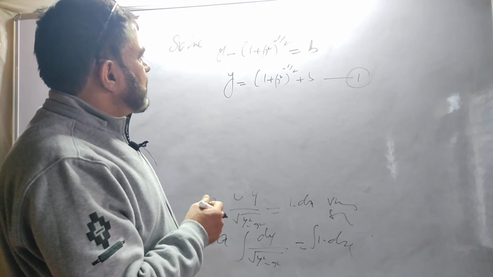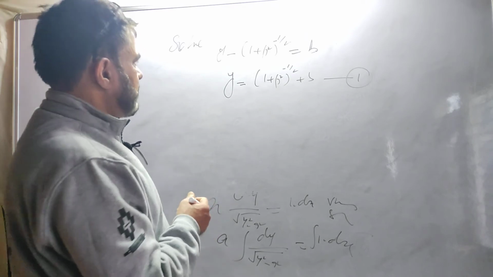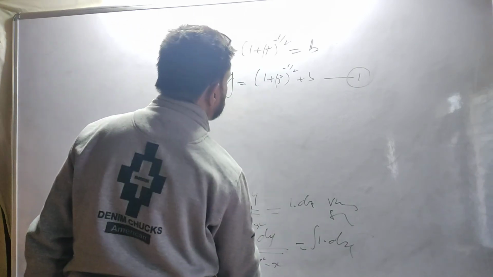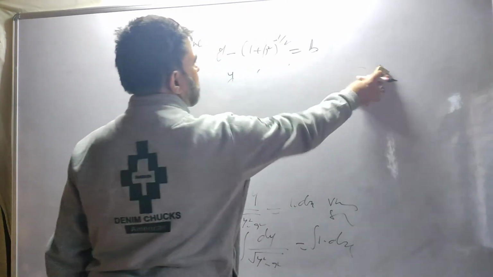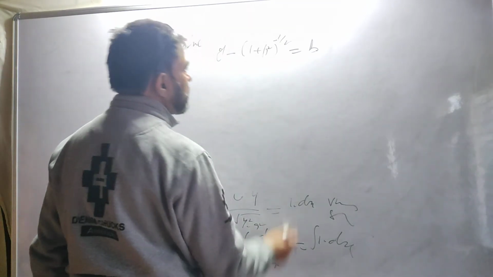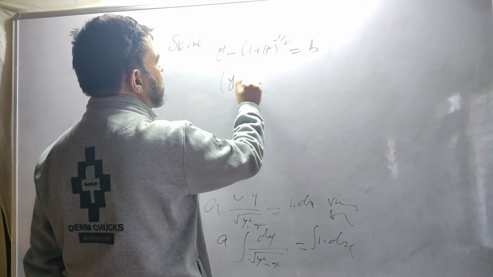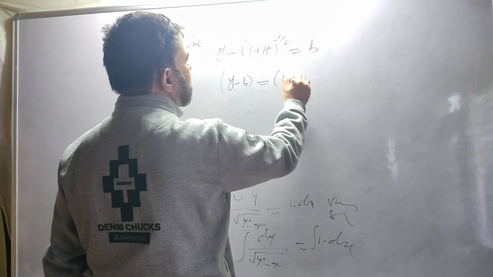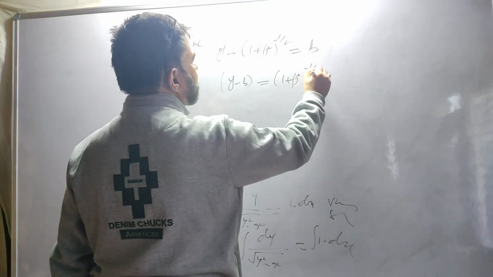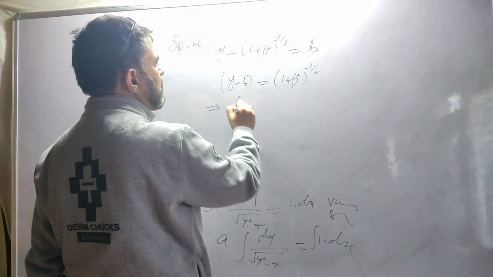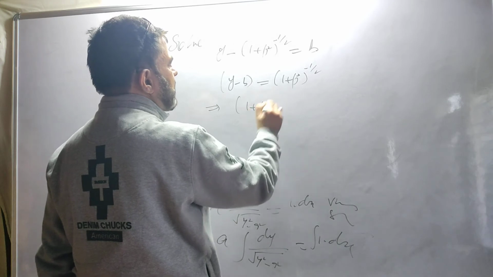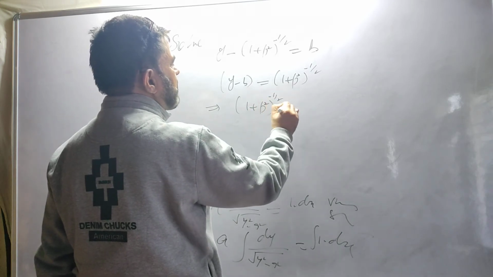Another approach is if you differentiate this on both sides. Sorry, you can go this way also. Let us do it this way. I will write y minus b is equal to 1 plus p square raised power minus 1 by 2.